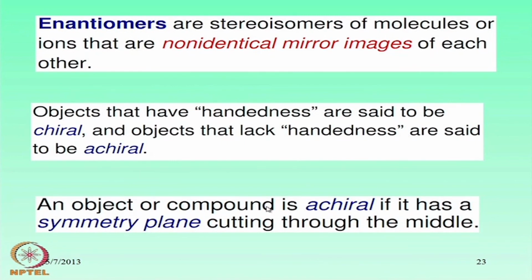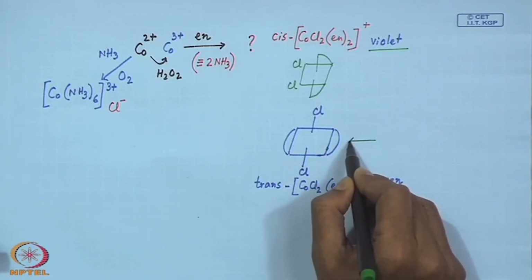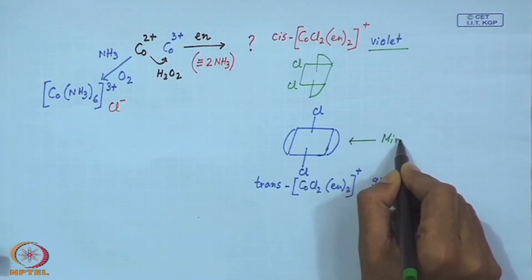An object or compound would be achiral if it has a symmetry plane cutting through the middle. So in this trans molecule, we can consider this plane as its mirror plane.